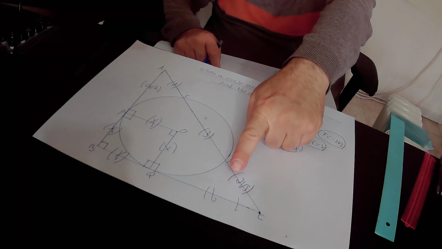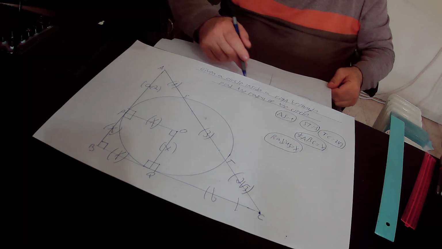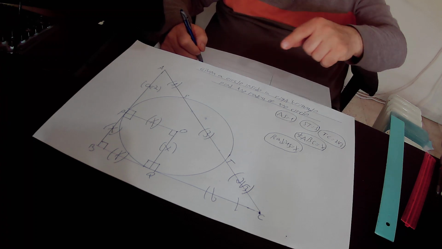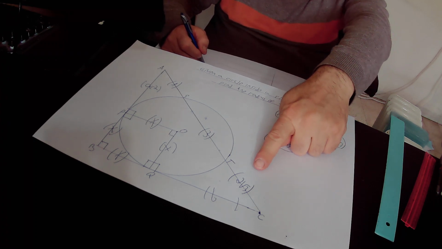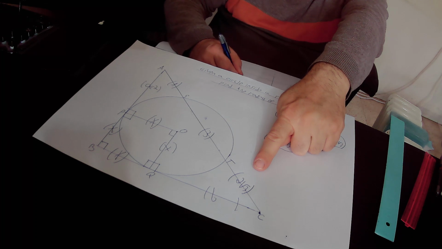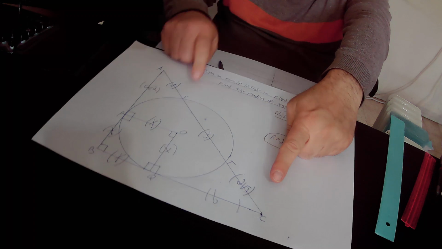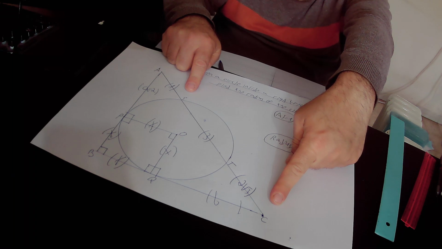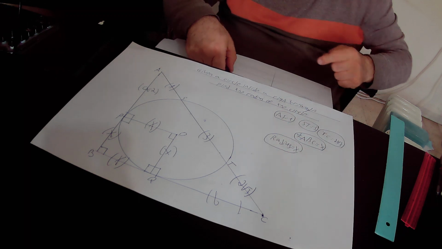CQ is b according to our definition, therefore CQ squared is b squared, so b squared equals CT times CS. CT is 2 times square root of 3. CS in total equals 3 plus 2 times square root of 3. Again, CS in total equals 3 plus 2 times square root of 3.